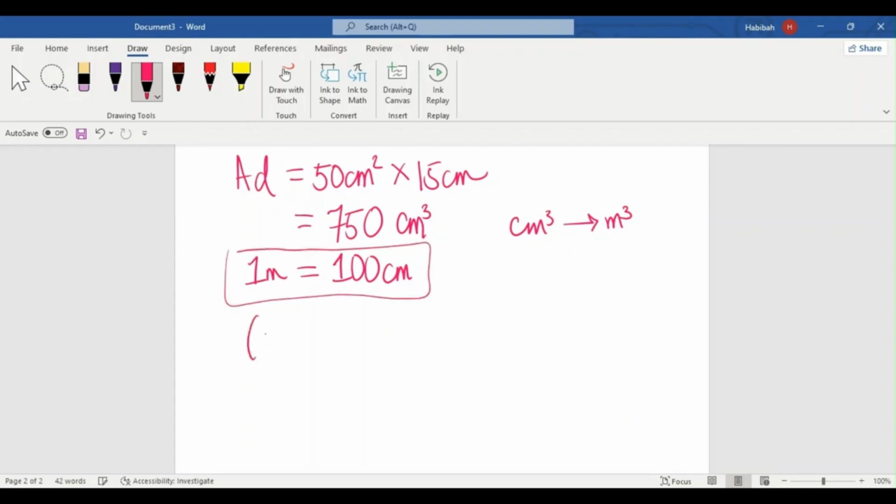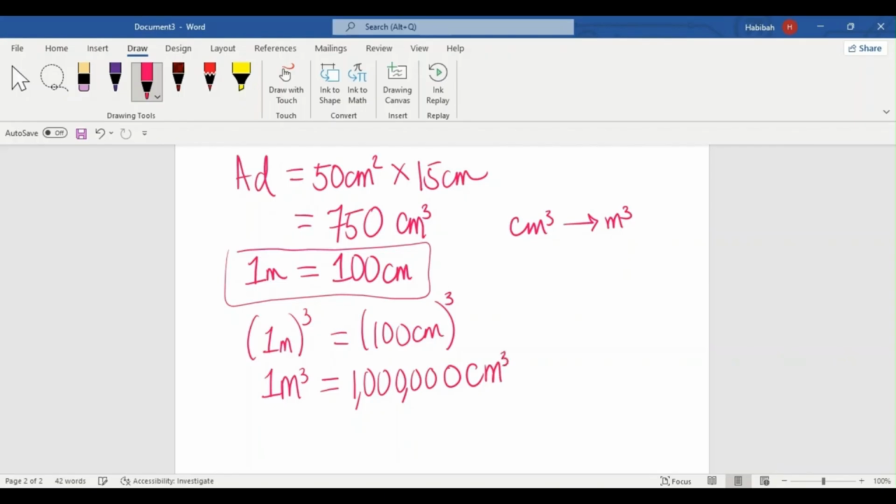So 1 meter all cubed equals 100 centimeter all cubed. That's going to be equivalent to 1 meter cubed equals 100 times 100 times 100, which is 1,000,000, and then centimeter times centimeter times centimeter, that's centimeter cubed.